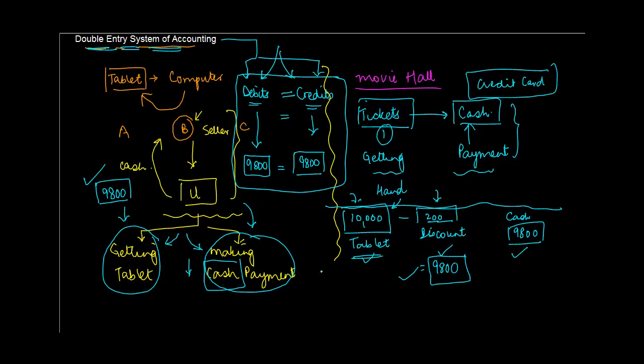So you will debit the tablet by 10,000, while you will credit how much? Cash for 9,800, because that is what you have paid. But I told you the debits are always equal to credits. Here what is happening is that the debit is more than the credit by 200. So you will credit discount account over here for 200.